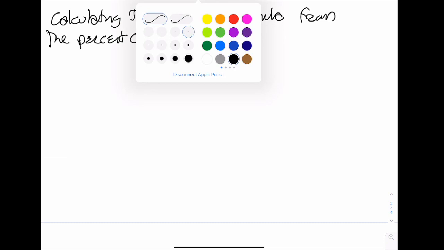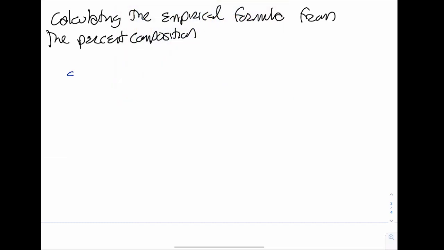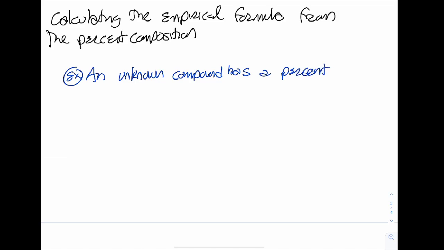So our example, an unknown compound has a percent composition of 50.05% sulfur and 49.95% oxygen.